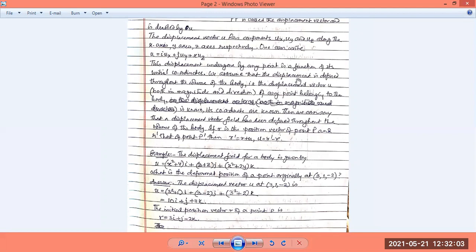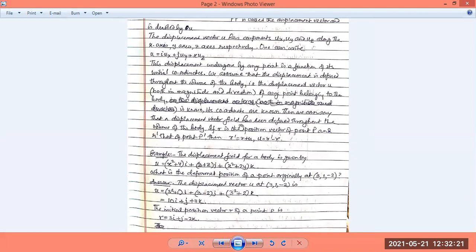So here you are supposed to draw this displacement line. We are supposed to know the coordinates of its ends, otherwise you cannot draw the displacement vector. So then we can say that a displacement vector field has been defined throughout this body.